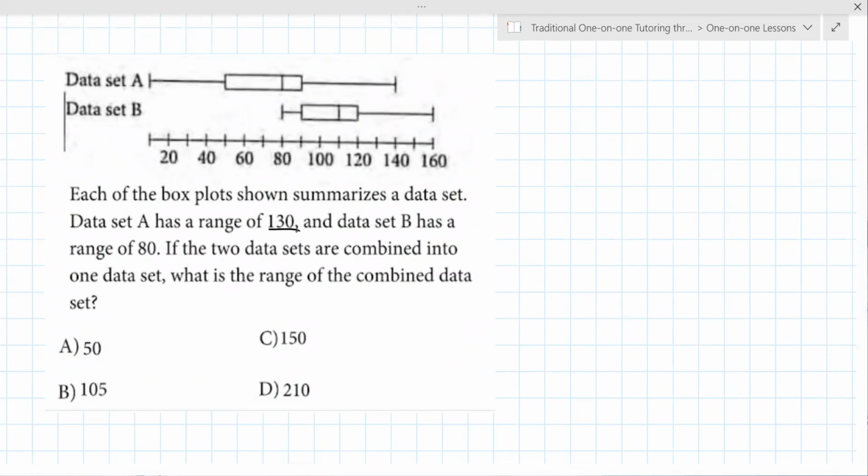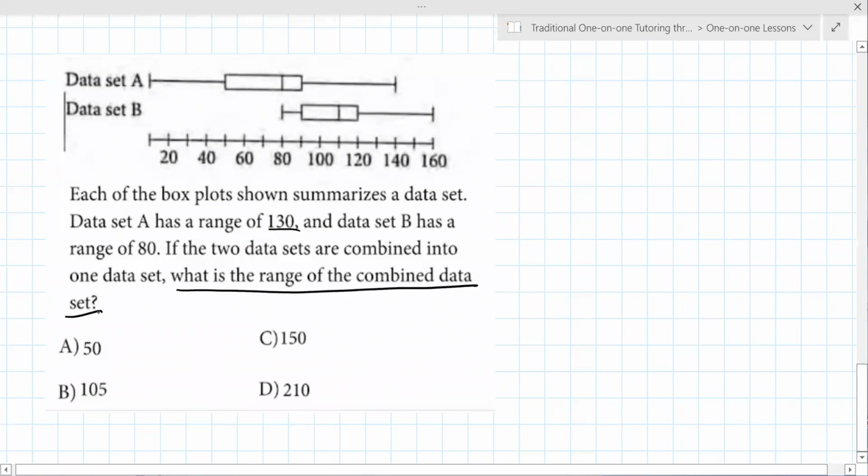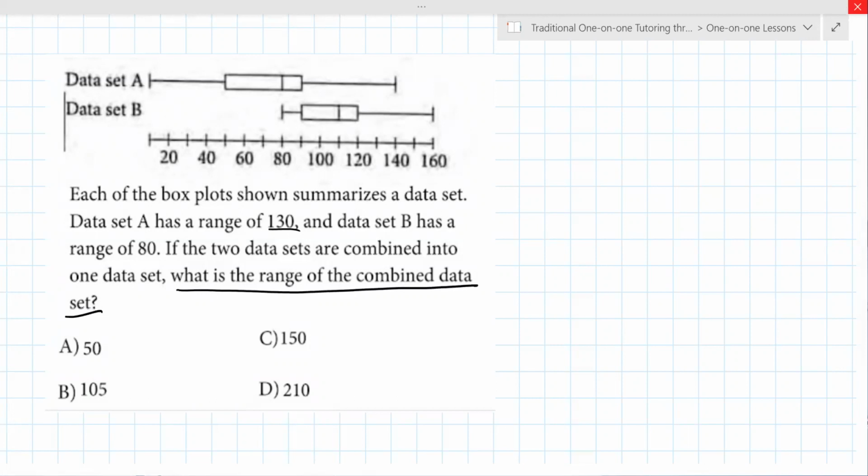Tell me what you think about that, or if you have questions, or if you can just answer it. What is the range of the combined data set? Oh, so does that mean you subtract 10 from 160?